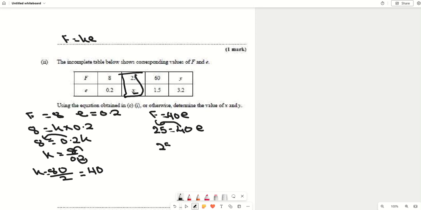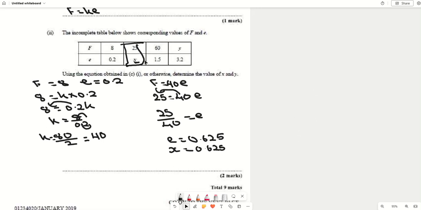So 25 divided by 40 is equal to E. If you divide this in your calculator, you're going to get 0.625. So what is the value of X? X is equal to 0.625.